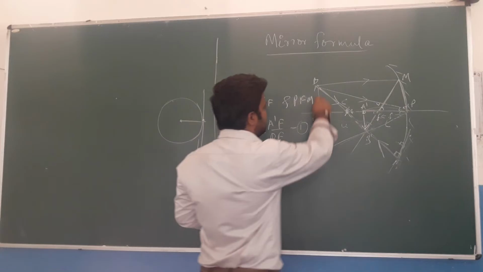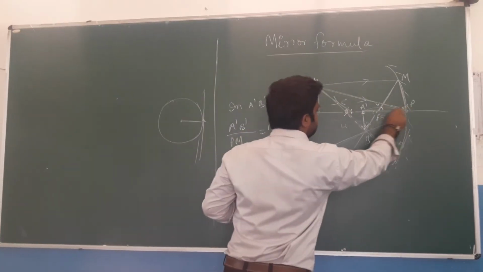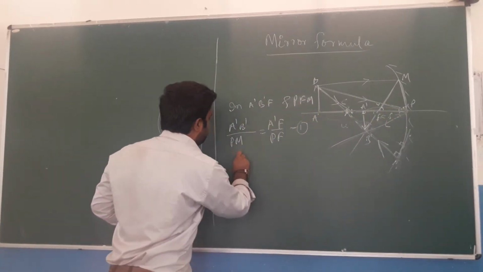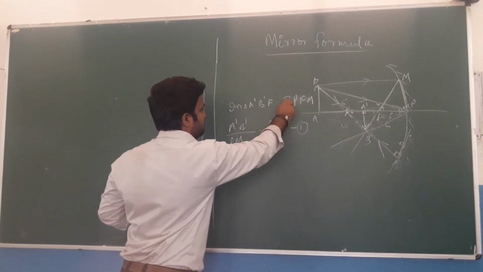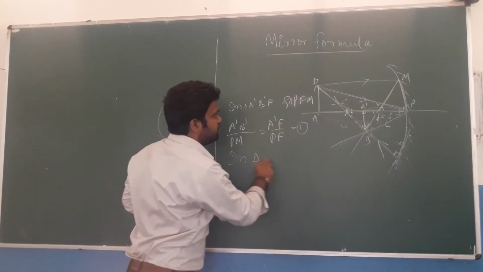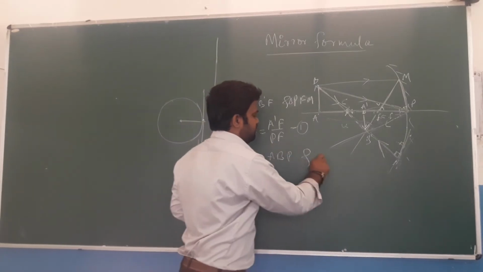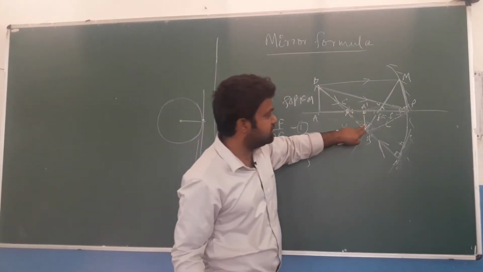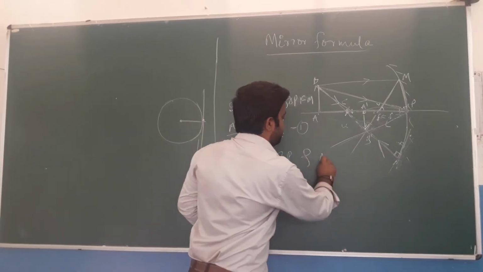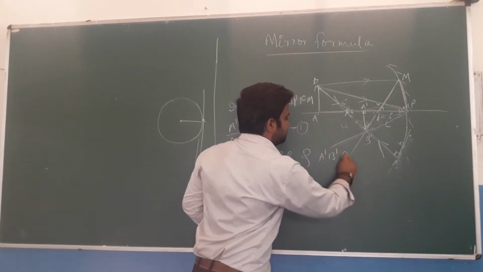Now I will consider another two triangles, that is, triangle ABP and this triangle A'B'P.